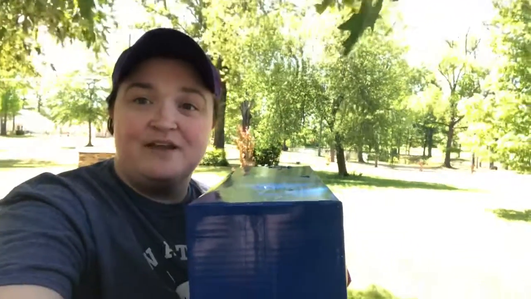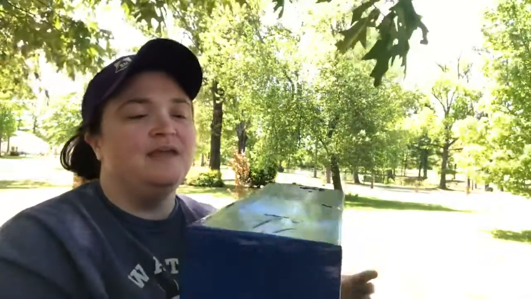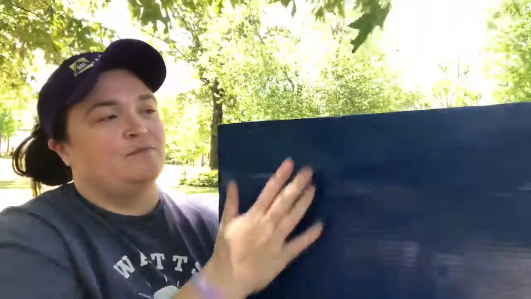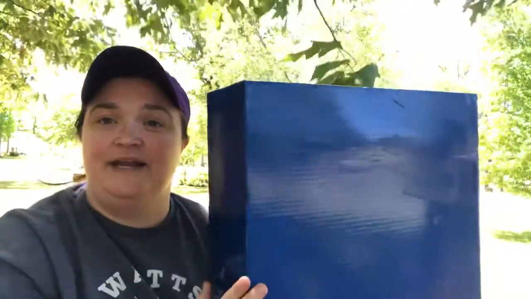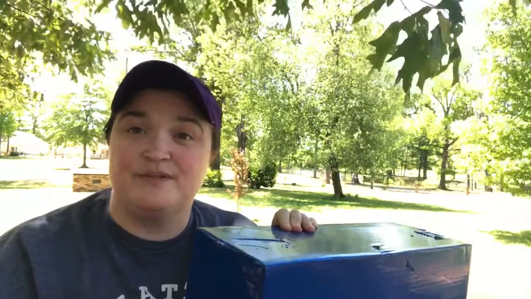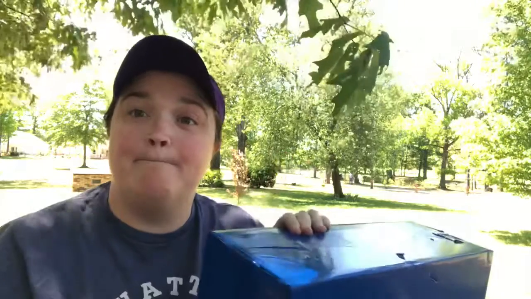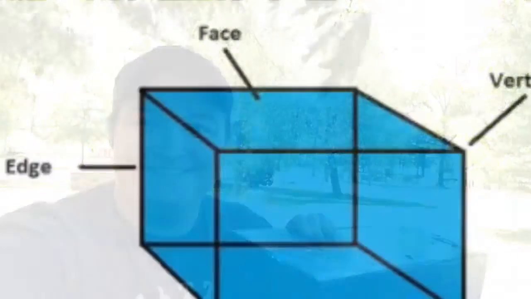Now let's just look at a few more here if we can. If we look at this shape, we've got another face and another face right here meeting. So I've got an edge right here. Those are the edges to a three-dimensional shape. It's where those 2 faces meet, okay?